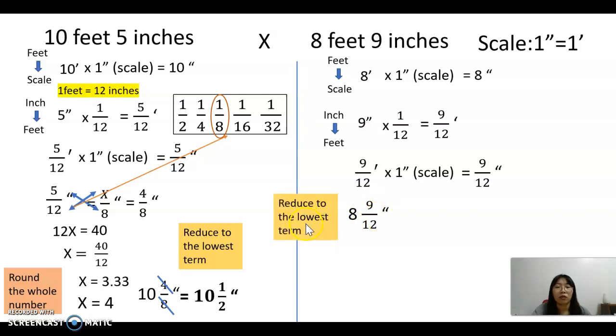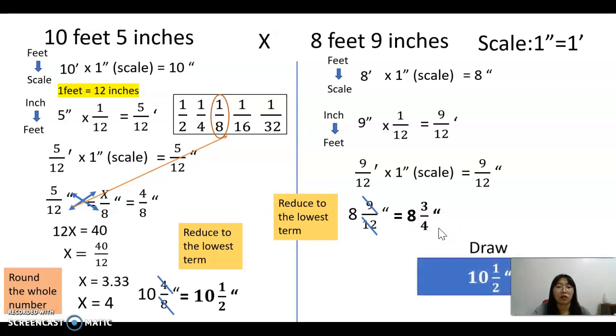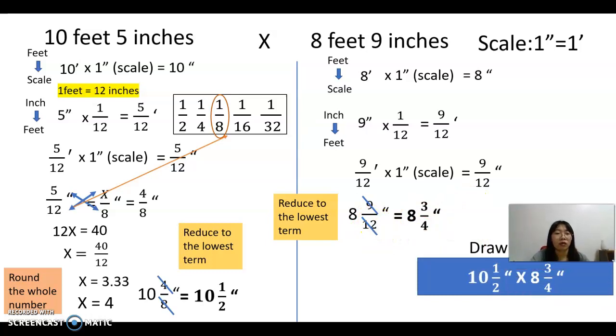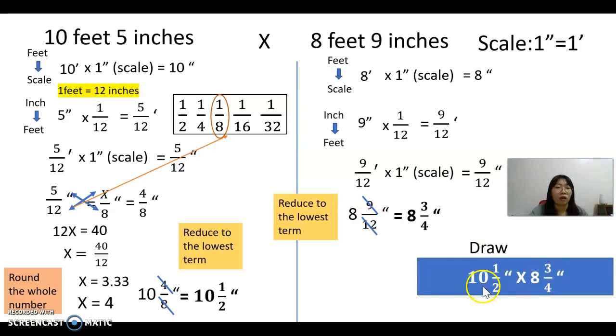We need to reduce to the lowest terms, so that would be 8 and 3/4 inches on the scale. So now we can draw the number 10 and 1/2 inches times 8 and 3/4 inches on the scale.